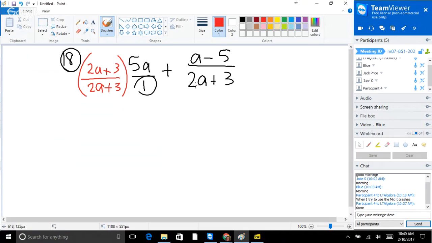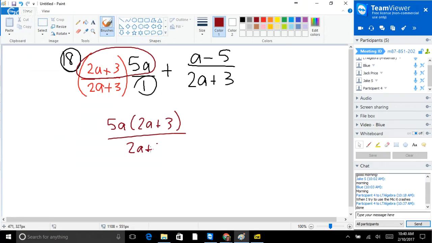So now, this is where a little math work comes in, right? The top is going to be 5a times (2a plus 3) over (2a plus 3), plus (a minus 5) over (2a plus 3). I have to distribute my 5a, right? So I'm going to get 10a squared plus 15a.